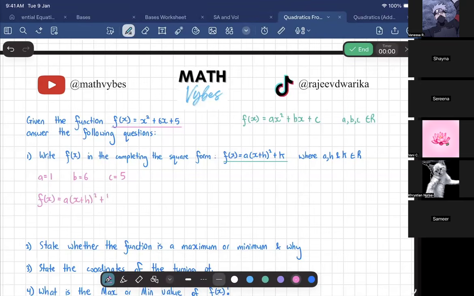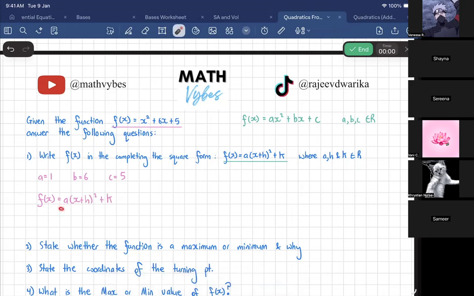What do we know so far in this form? Do we know what A is? Yes, A is 1.